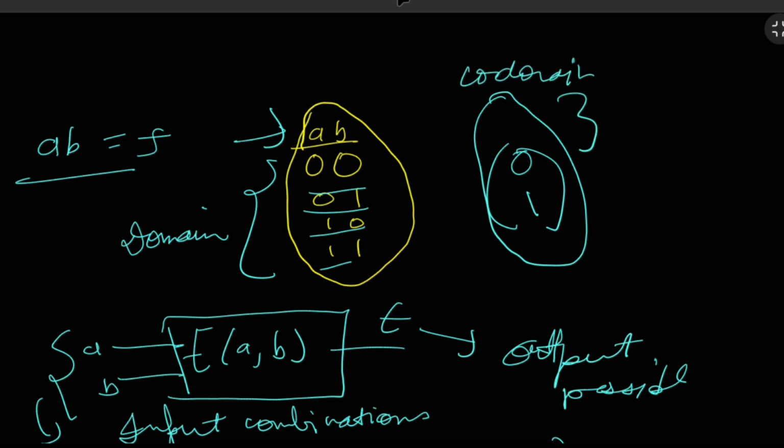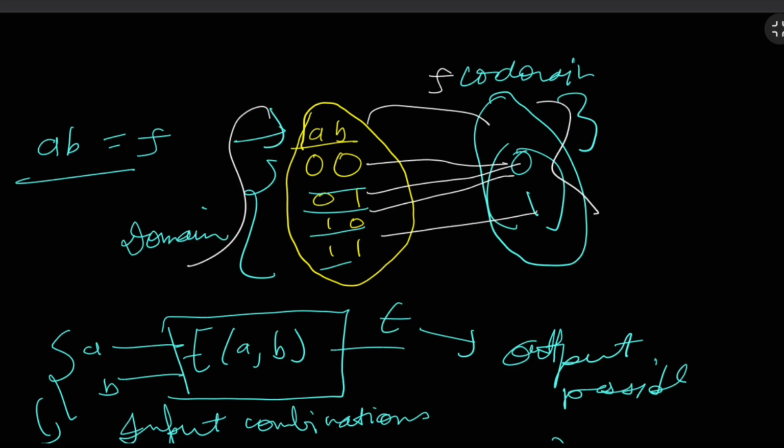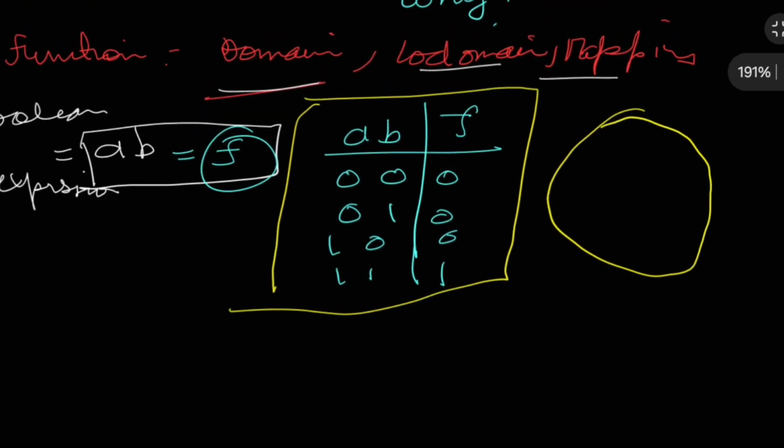Now what will be the mapping? Mapping will be like this: 00 to 0, this one to this, this to this, and only this one to this one. Can you notice this whole diagram and this truth table?